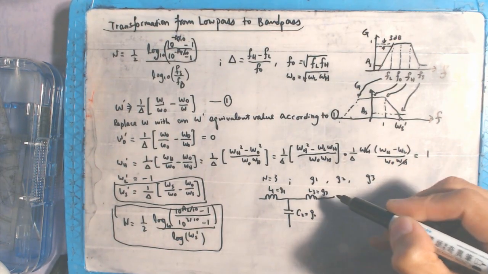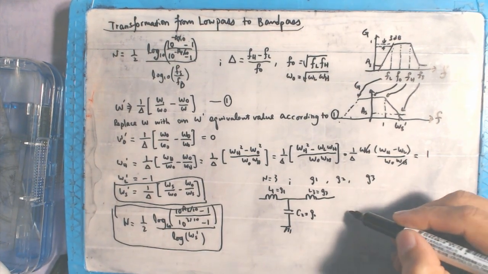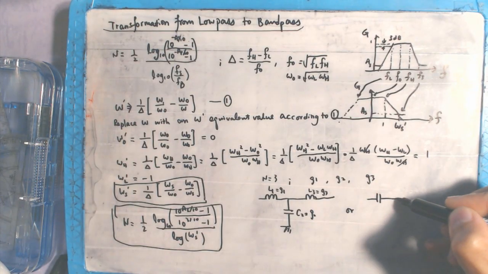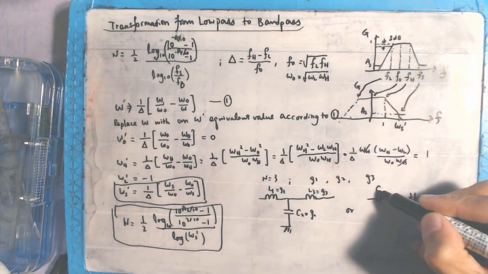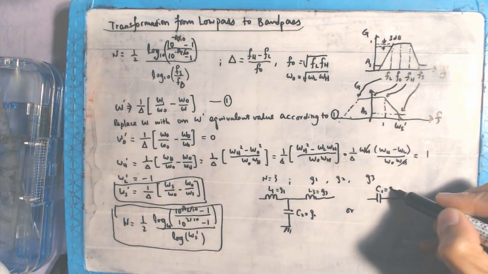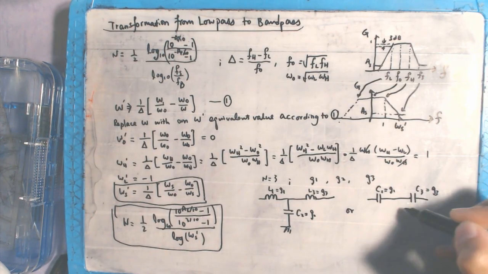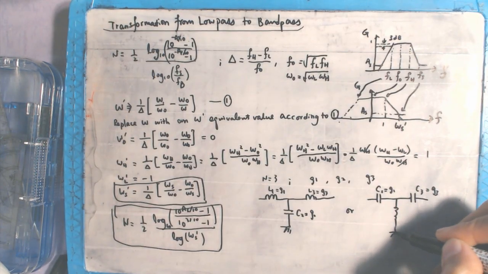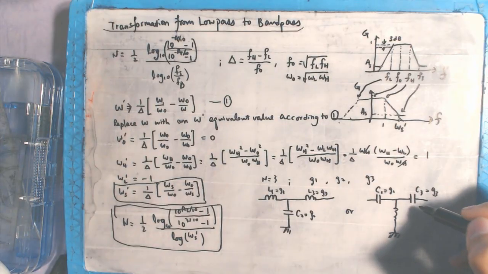So you will either end up with this or C1, which is G1, and C2, and C3, which is G3. So either way, you will end up with a filter for low pass. And this one is high pass, this one is low pass.